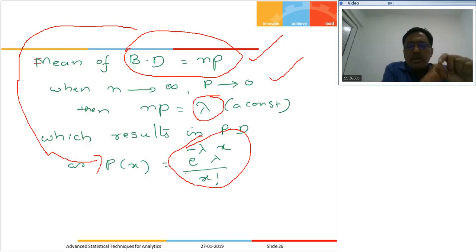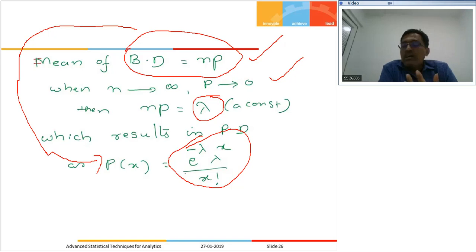And if you remember, that is when we say it follows Poisson distribution: when n is very large and p is very small. What does it mean? It is the rarest of the rare events. Suppose in a metropolitan city, in a year, 10,000 people are dying, n equal to 10,000.